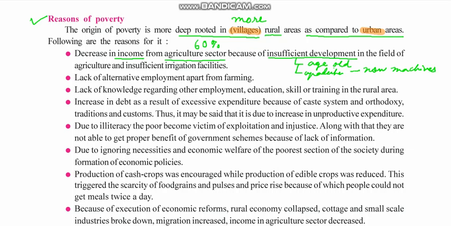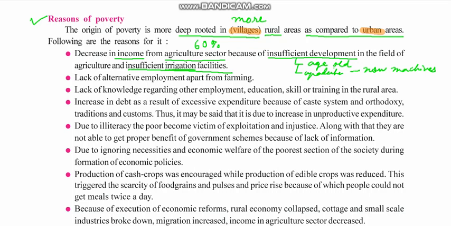So these are some of the reasons due to which there is insufficient development in the field of agriculture. At the same time, insufficient irrigation facilities. The farmer can grow better crops if they get proper irrigation facilities, but there are certain areas in India where the irrigation facilities are not good, and due to this the income which is arising from agriculture sector decreases. So this is the first reason.